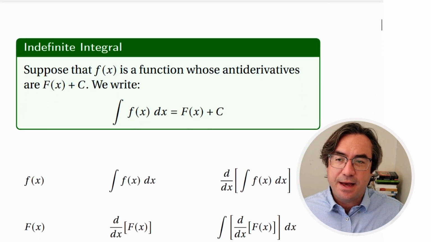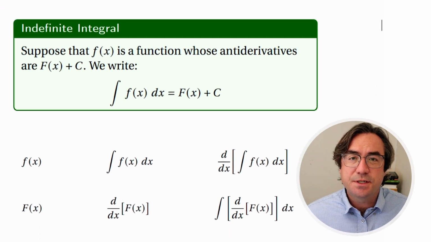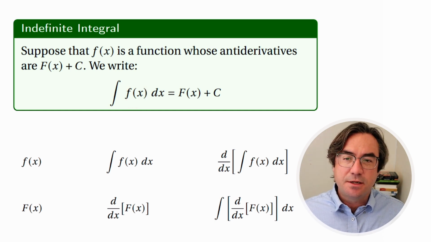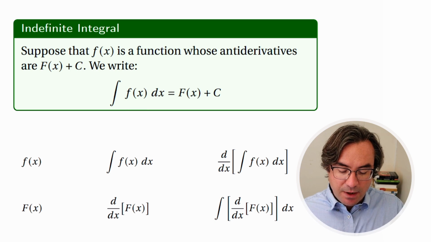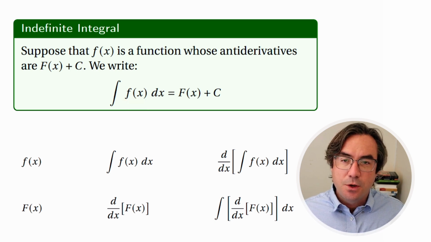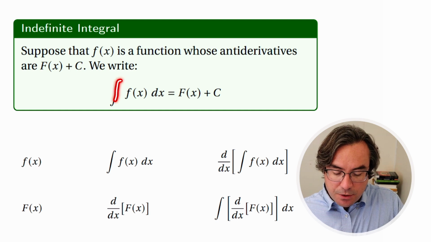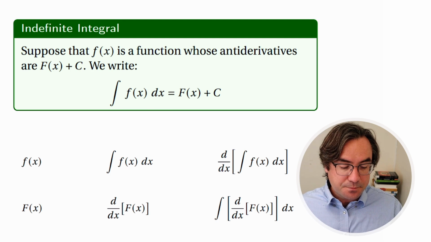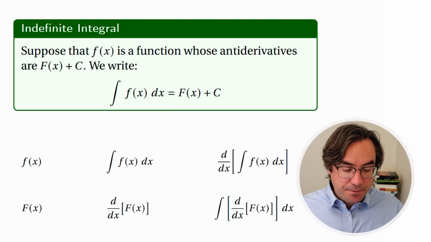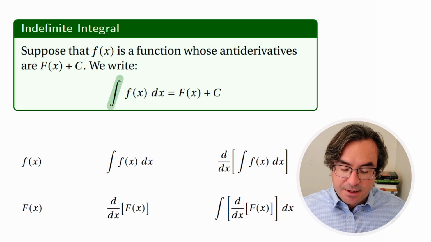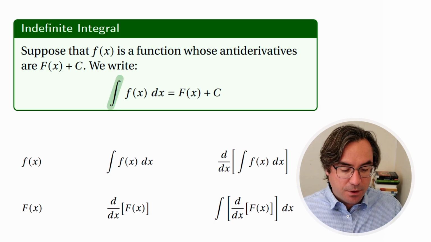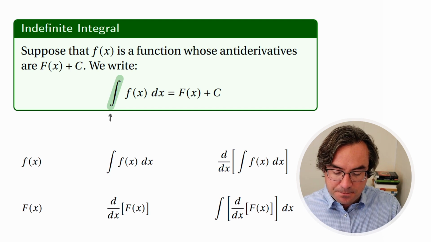And because of that, we're going to use this notation. If we have a function little f of x and we want to find its antiderivative, we're going to use this integral symbol. This symbol is really a stretched out s, and this is what we're going to call our integral symbol.